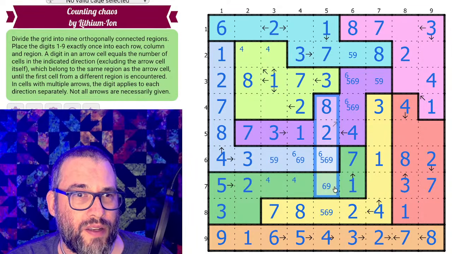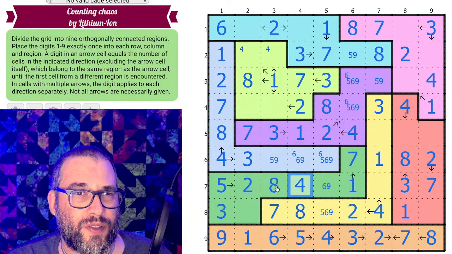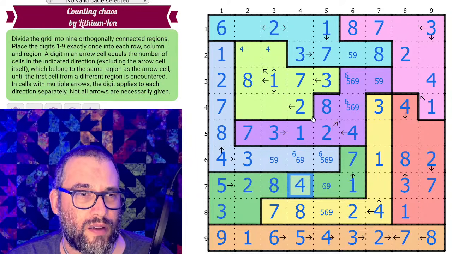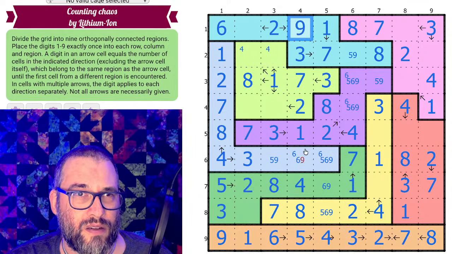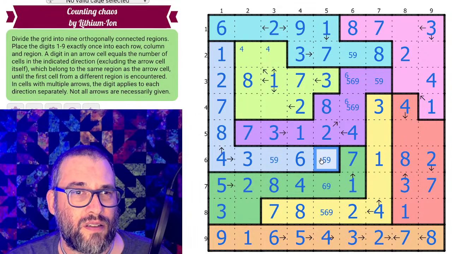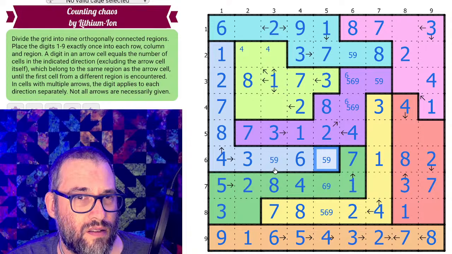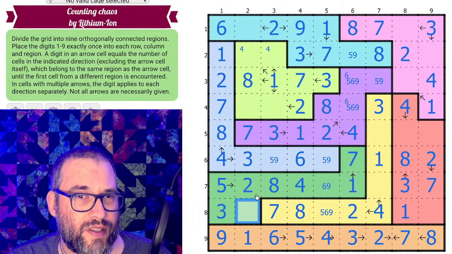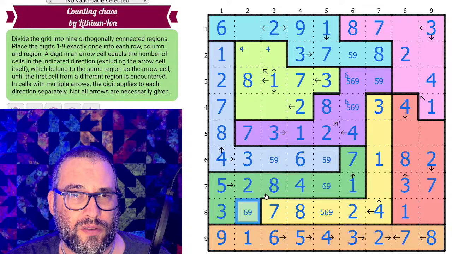Let's see. 8 in dark green. 8 displaces 4 pencil mark. This column, that's a 9 and that's a 6. That's a 6 or a 9. I don't think we know which.